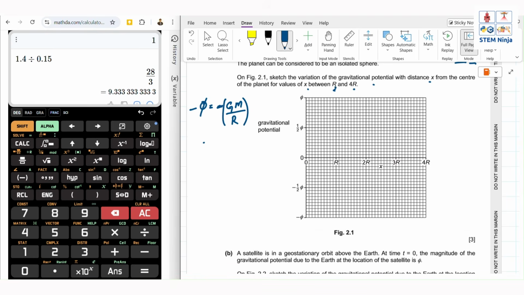So at r, phi would be just r of that, right? This is where we are starting. So at r, we have minus phi. But at 2r, when you do minus gm over 2r, you are multiplying half with the gm over r. So basically half of minus phi, or minus half of phi.